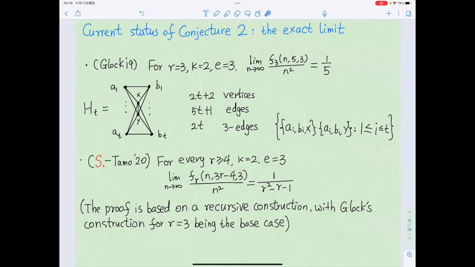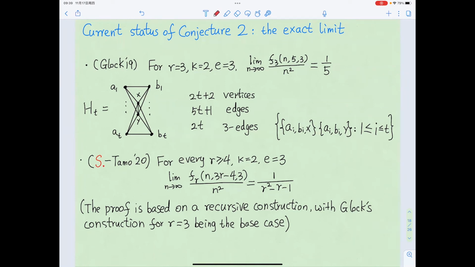Glock put 2t 3-edges in this graph H_t, because you can see there are 2t triangles: a_i, b_i, x and a_i, b_i, y. Glock put one 3-edge in each of the triangles, so we have 2t 3-edges in total.